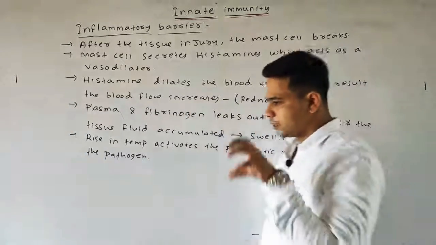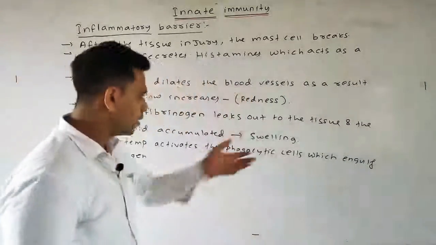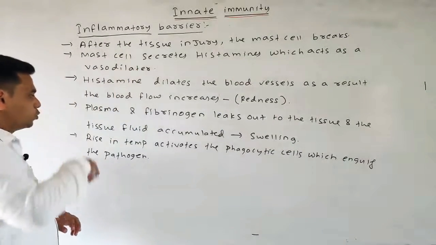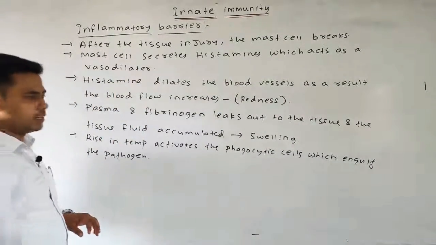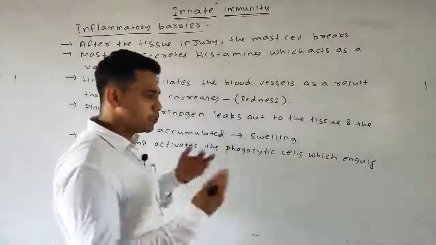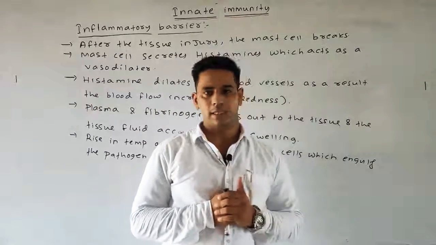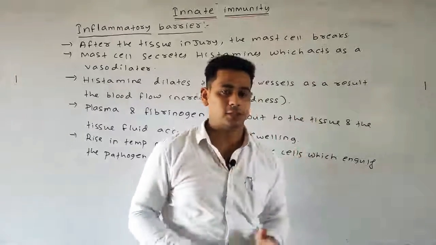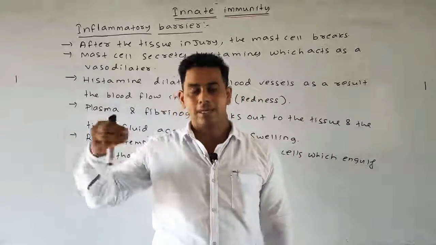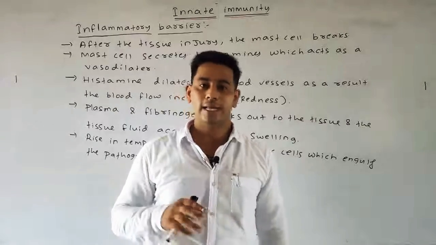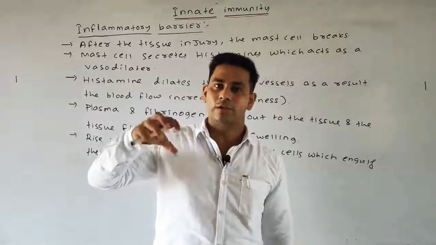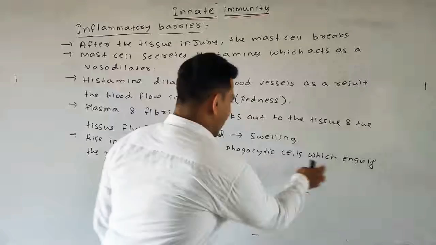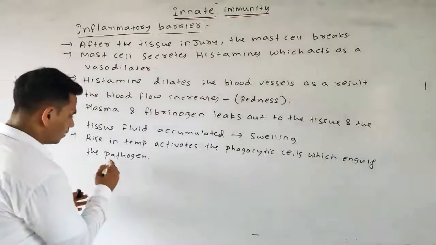The plasma and the fibrinogen leak out to the tissue, and the tissue fluid accumulates, forming the swelling. Swelling and the redness lead to a rise in the temperature, which helps in activating the various phagocytic cells. As soon as the phagocytic cells get activated, they engulf the pathogen.